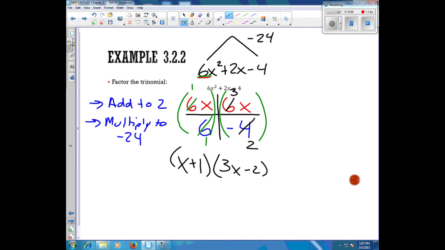Now, if we multiply that back, we're not going to get 6x squared plus 2x minus 4. And the reason is, the problem that we started with, we could have taken out a common factor. They're all divisible by 2 from the beginning. And so if we divide each one of these by 2, or factor out a 2, then we get 3x squared plus x minus 2.